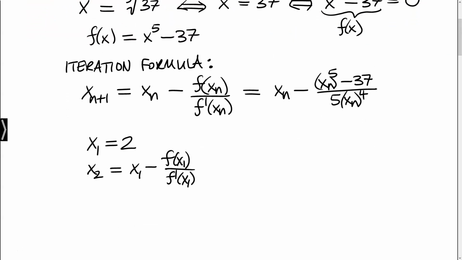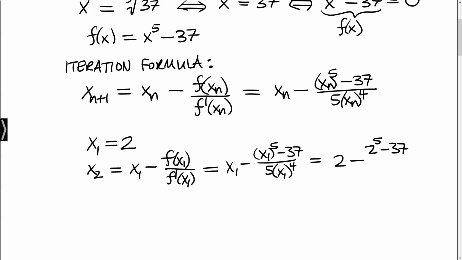So here, x1, so this is actually going to be x1 minus (x1 to the 5th minus 37) over 5 x1 to the 4th. But x1, we're starting off as 2. So it's 2 minus (2 to the 5th minus 37) over 5 times 2 to the 4th, which is 2 minus (32 minus 37) over 5 times 16.